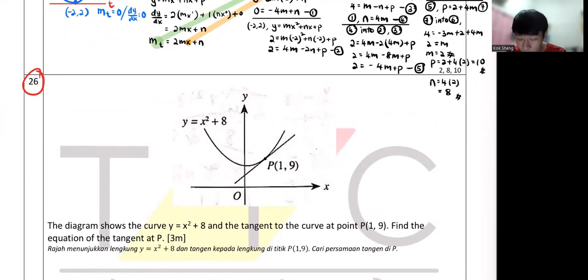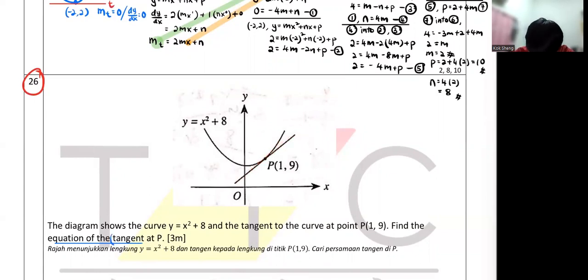The diagram shows the curve y equals x squared plus 8 and the tangent to the curve at point P. Find the equation of the tangent at P. Rajah menunjukkan lengkung dan tangent kepada lengkung di titik P. Cari persamaan tangent di P. So 3 marks, we need to find the equation of the tangent, equation of the straight line.